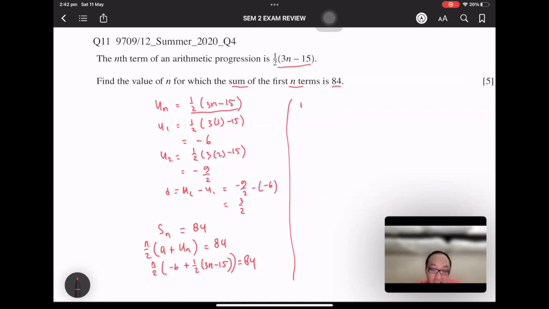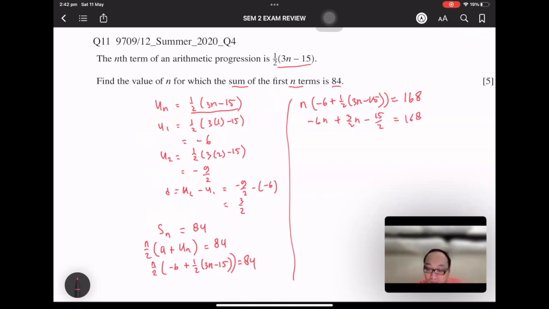So we just multiply everything by 2. So I have n(-6 + 1/2 (3n - 15)) equals 84 times 2, 168. Now we can simplify again. So -6n plus 3/2 n squared minus 15/2 n equals 168.